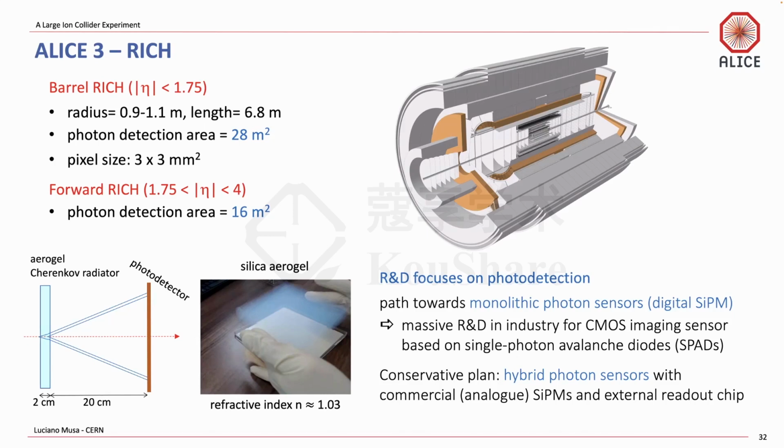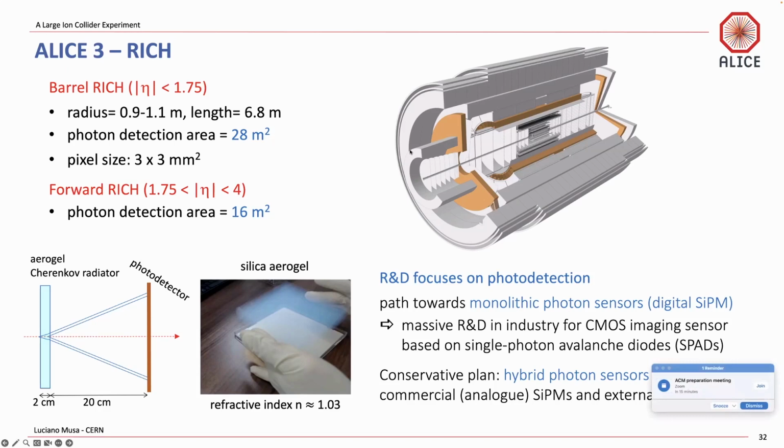There's one question in the chat box. Can you see it? Then I don't. Is it possible to observe heavier nuclei? So maybe detector-wise. Okay, now you get me. No, I have to look at that.